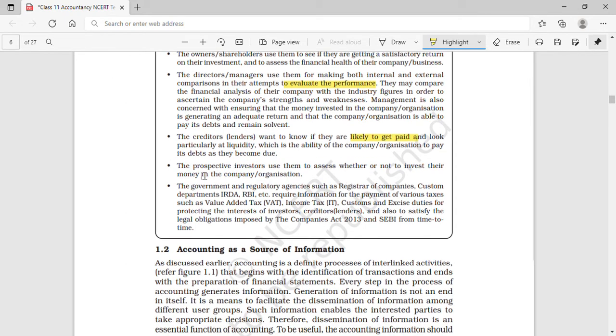Now what does this mean? The prospective investors. As I told you, if you want to develop a project, the company doesn't have the necessary funds, and say for example, you're looking for an investor, so that means a third party who has to invest in the company. That is the time when the investors will ask for your books, especially the balance sheet.